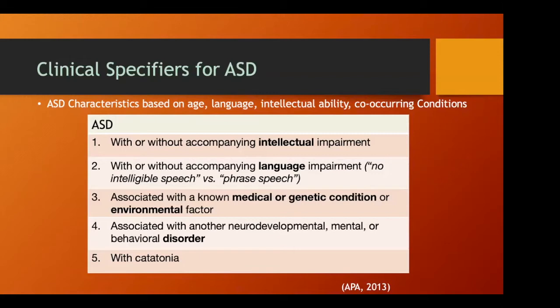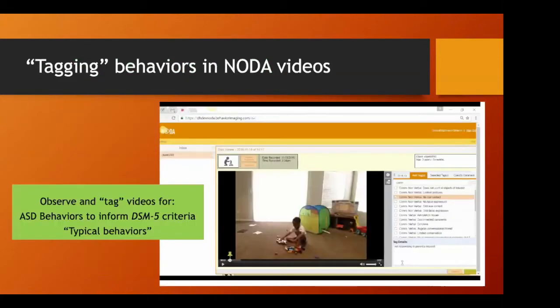Are they using words or phrases or sentences or complex sentences? Where are they on that expressive language continuum? We won't necessarily get information about other medical or genetic conditions, but there is a background developmental history form that families fill out that gives you some information about milestones and concerns, and potentially other identified conditions. So NODA won't provide every single piece of information you need for the diagnosis, but it can help you with that actual observation of the child's behaviors.